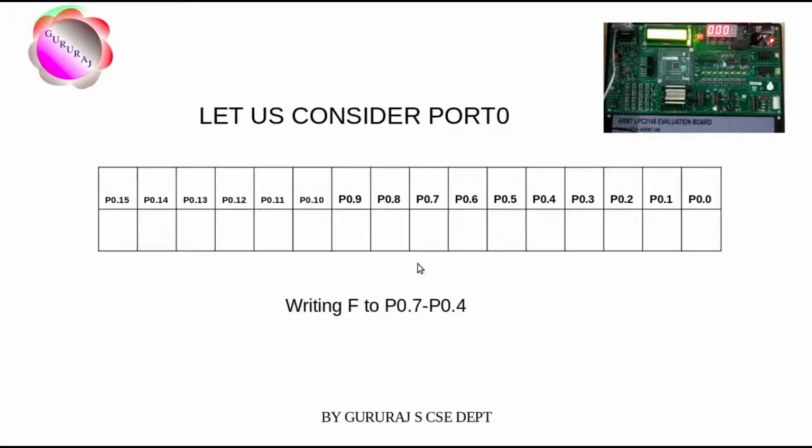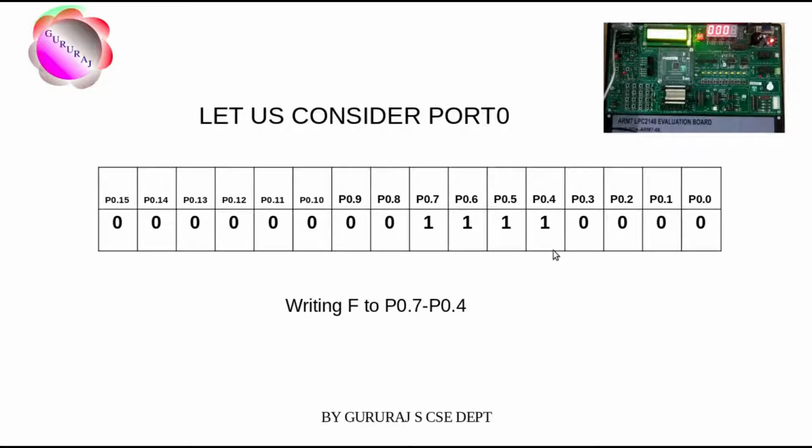Let us consider one example. I want to write F to pins 7 to 4 of port 0. Here we have P0.7 and here we have P0.4. From this one to this one I will put 1 1 1 1, and in the rest of the boxes I will put 0. This is how I get it.